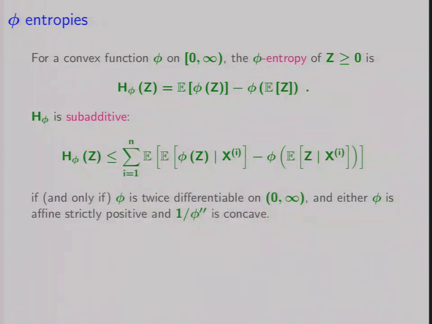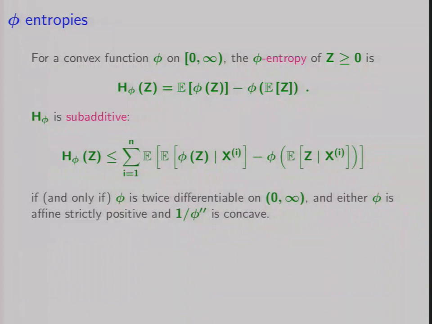The expected value of this function phi of a non-negative random variable minus phi of the expected value. Where this is the entropy when phi of x is x log x, then this is bounded by the expected value of the sum of the conditional entropies.